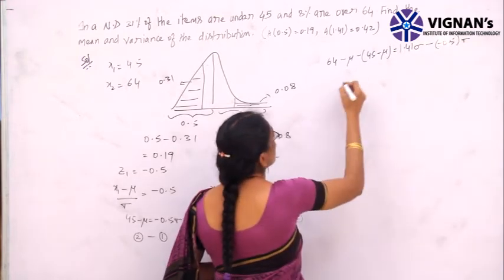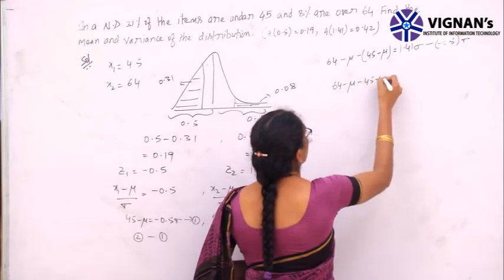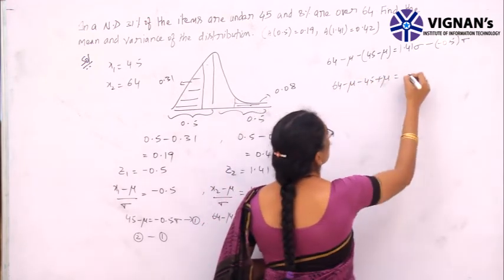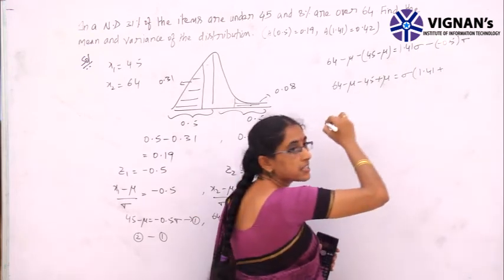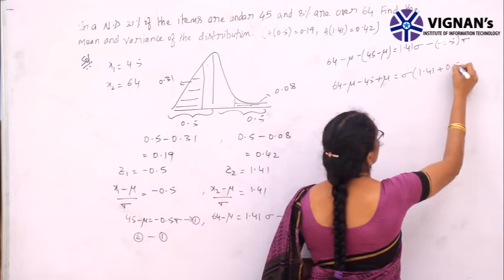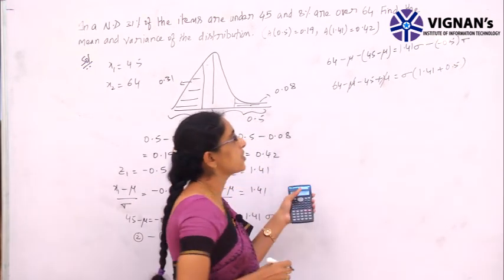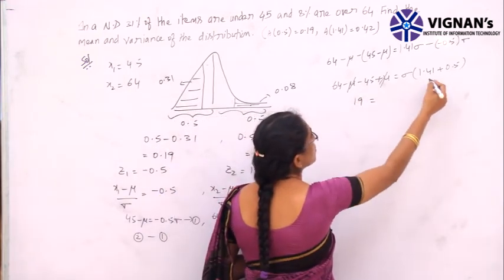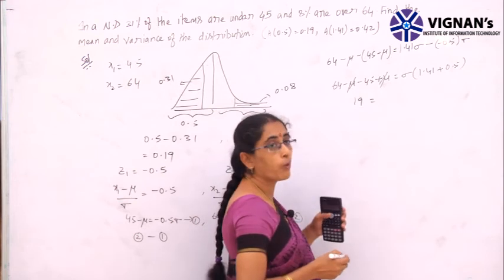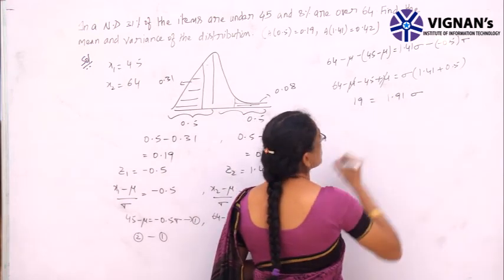So 64 minus mu minus 45 plus mu is equal to sigma times 1.41 minus of minus, which will become plus. Here minus mu plus mu will get cancelled. 64 minus 45 is 19, equal to 1.41 plus 0.5, which is 1.91, into sigma.